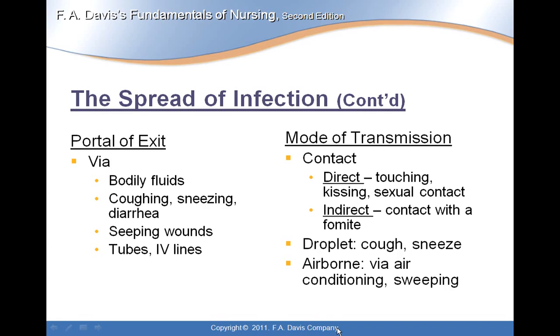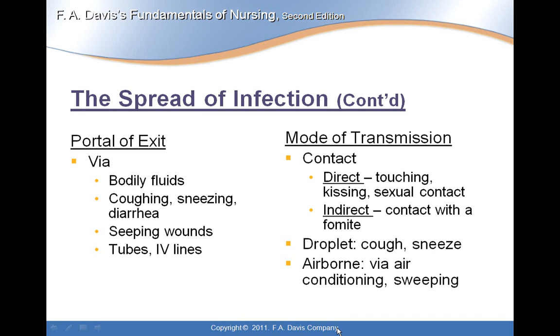And so you see here, when we talk about mode of transmission, it contrasts droplet to airborne. In the book, it talks about droplet transmission versus airborne transmission. One of the easiest things to remember is that a droplet is bigger than something that can remain airborne.